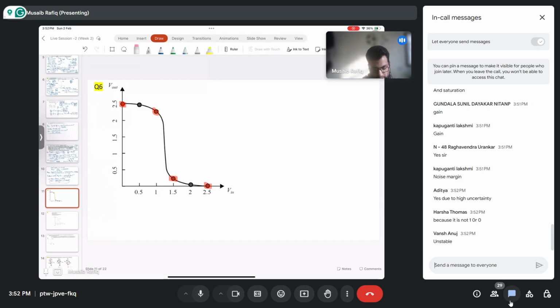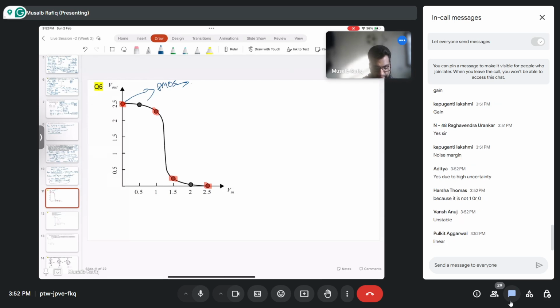So now I have this question. Here at this point, can you tell me what is the region of operation for PMOS? Linear or resistor? And what about NMOS? Off or cut off? Right. At this point, what is the region of operation for PMOS?